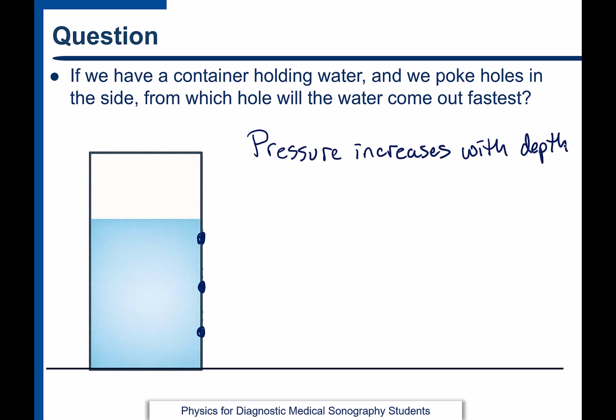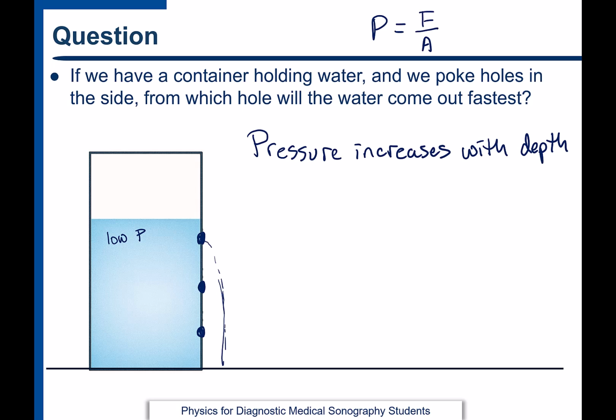And we also know, since pressure is force over area, at a given depth in the fluid, the greater the pressure means the greater the force that's exerted on the walls of the container. So up here at the top, the pressure is low, and so that water would not be forced out of the hole very fast. It would just kind of come down something like this.